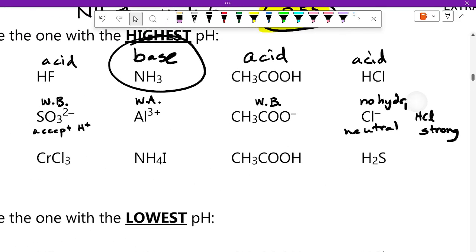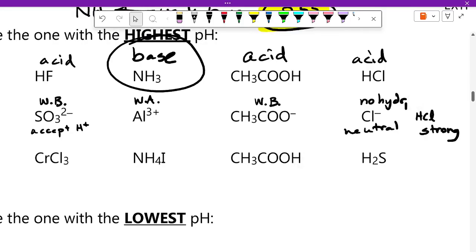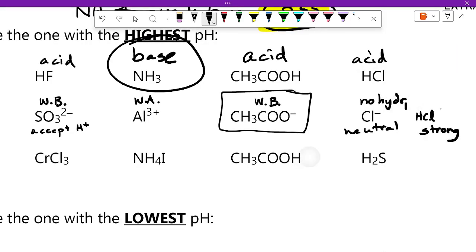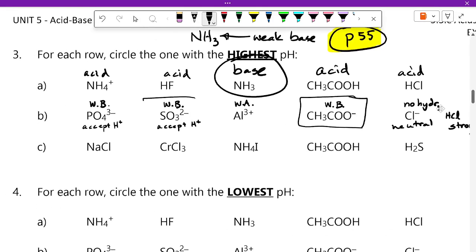So out of all of our things so far, if we want to have the highest pH, we are looking at the weak base acetate, the weak base sulfite, and the weak base PO4 3-. How will we tell which one has the highest pH? Where will you look? You will look on your data table, yes.